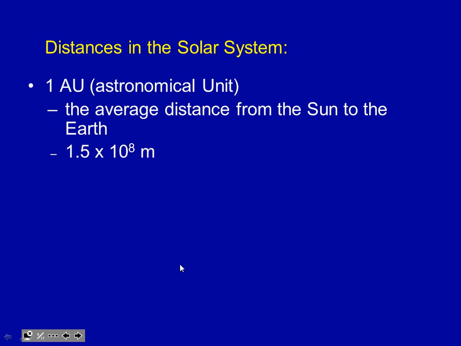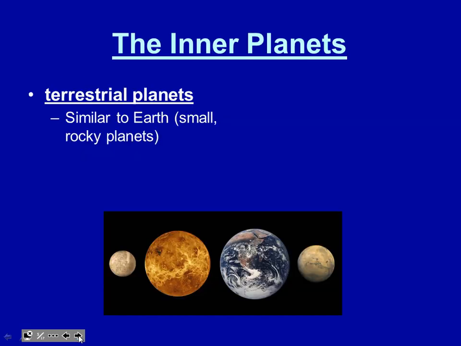It allows us to compare everything to the Earth. So our Earth is 1 astronomical unit from the sun. When we start to compare other planets, we can look at how close they are. Are they half an AU or are they 2 AU, etc. And it is 1.5 times 10 to the 8 meters.